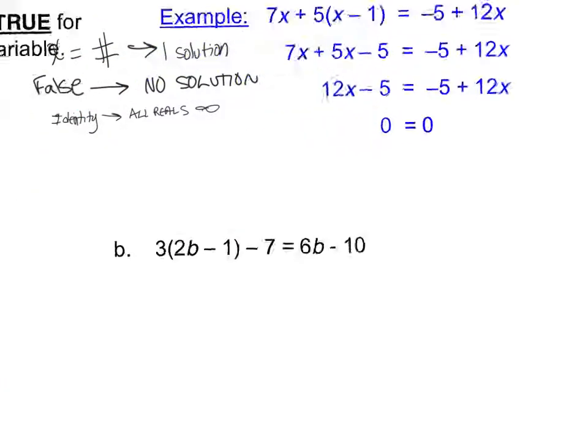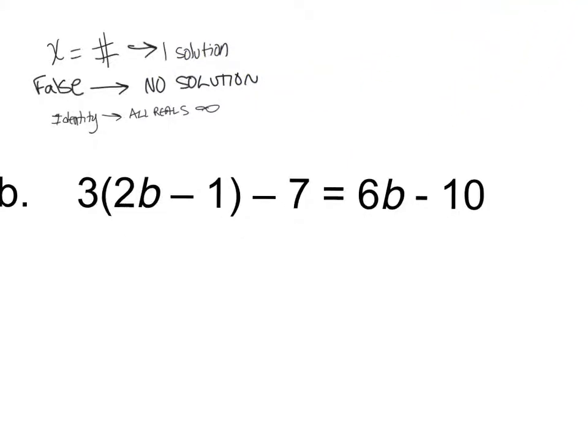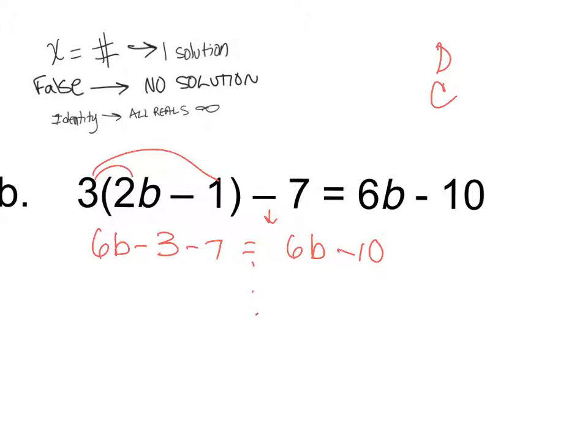As opposed to this one, if I follow through and distribute, I get 6b minus 3, rewrite that minus 7, equals 6b minus 10. Distribute, combine like terms. 6b stays, but these guys become minus 10. Oh, look, it's the same thing. 6b minus 10 equals 6b minus 10.